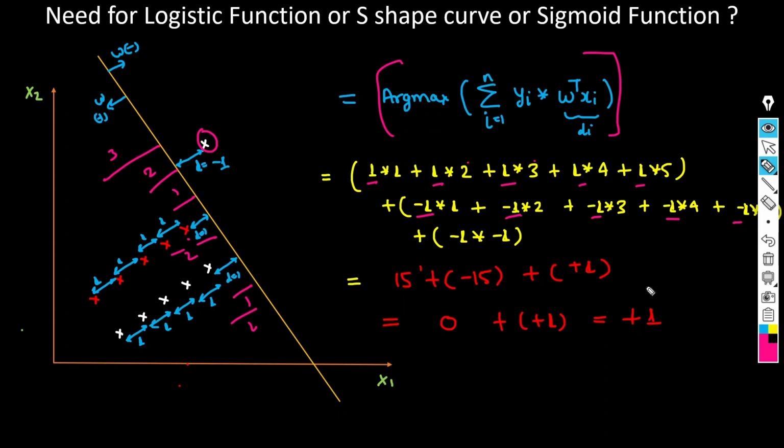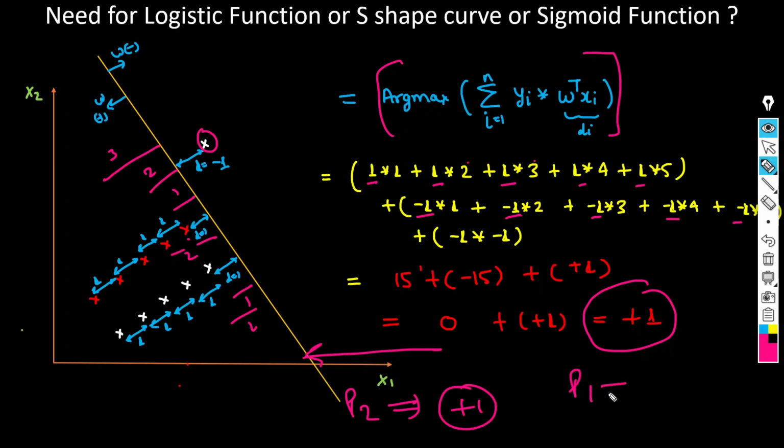If you calculate, you will get plus 1, right? It means due to the outlier, my P2 plane is showing the equation output plus 1, and P1 is showing the equation output minus 90. So as per our classifier, we want this to be maximized.